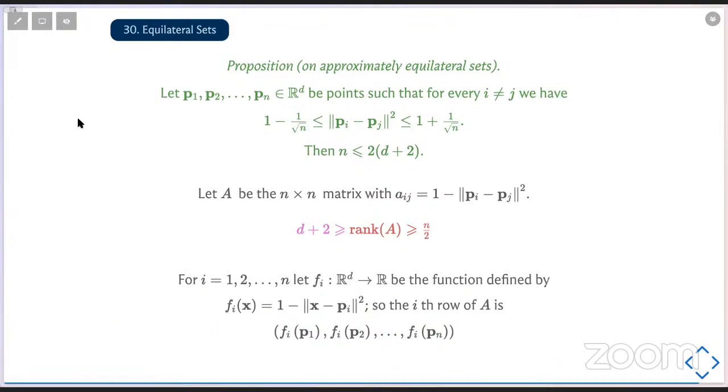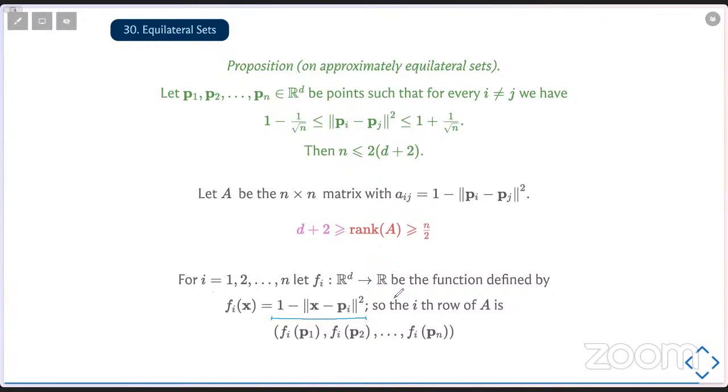So I'm going to define a family of n functions. This basically is designed to describe the ith row of the matrix A. So this is Fi.